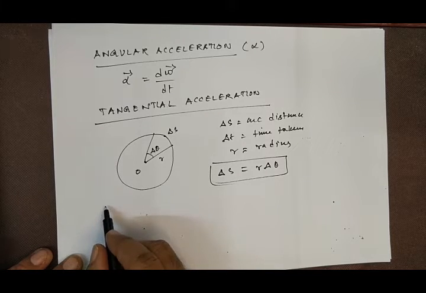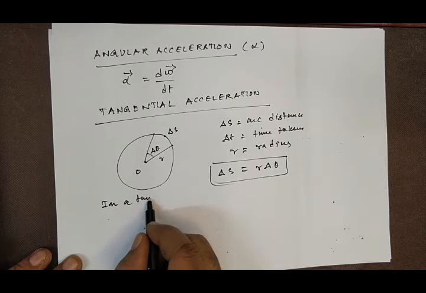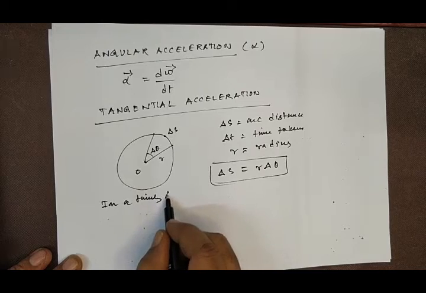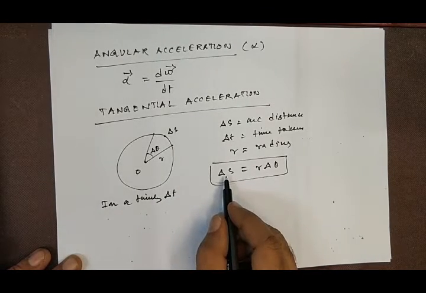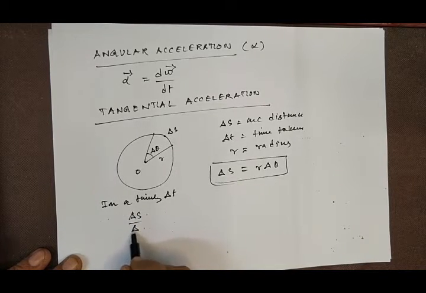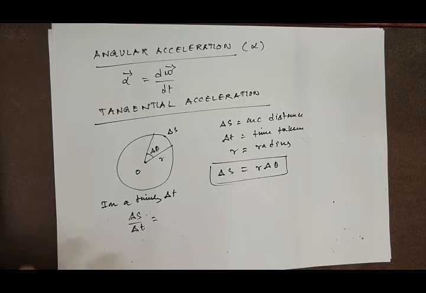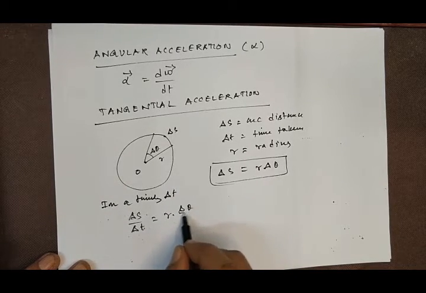Now in a given time, here delta t, let us differentiate this delta s with respect to delta t, that is delta s divided by delta t is equal to r delta theta divided by delta t.